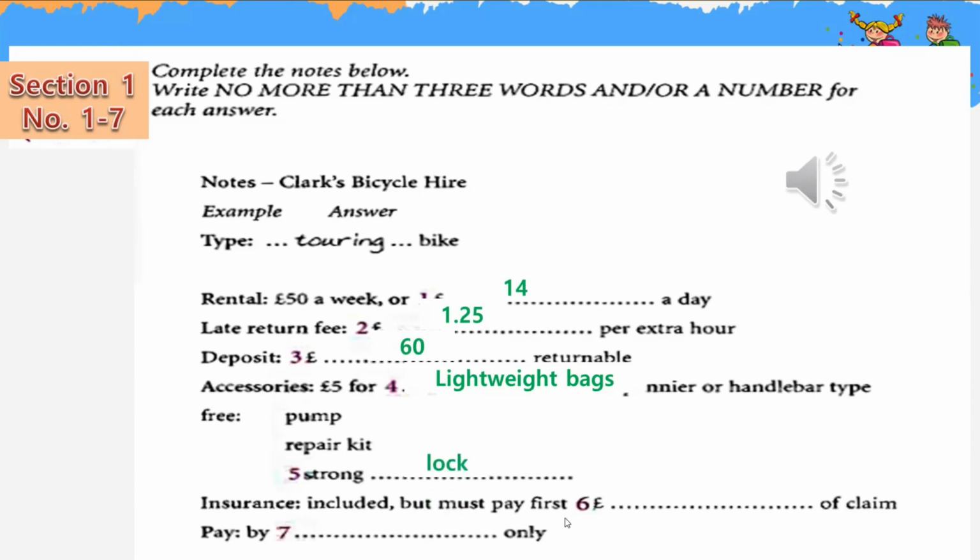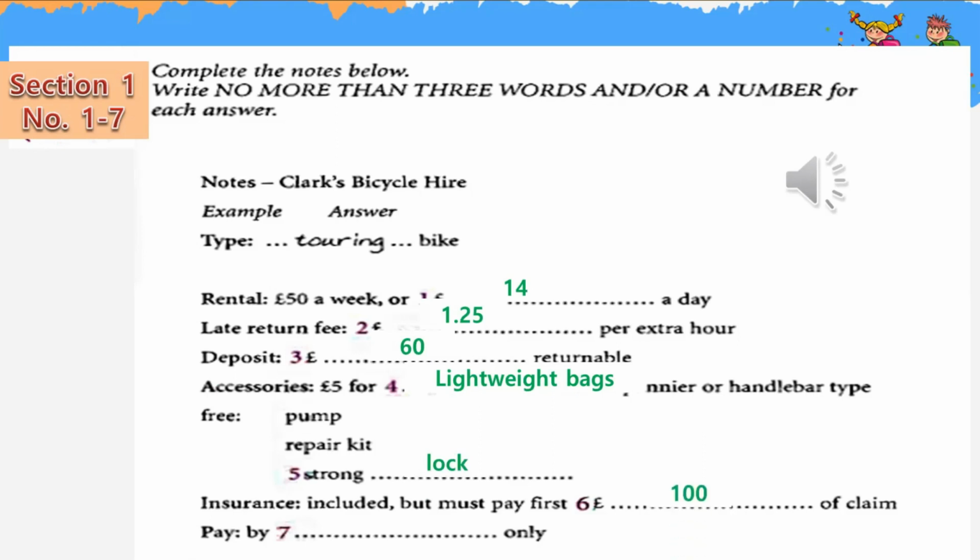And then for number 6 here, this is about the fact that you would be liable for the first £100 of claim.